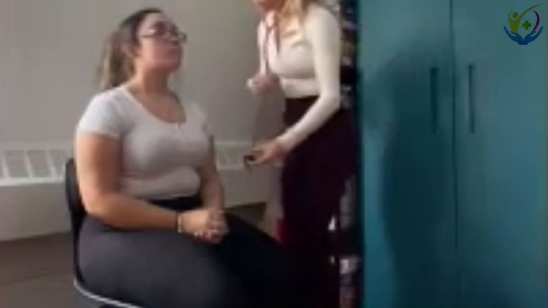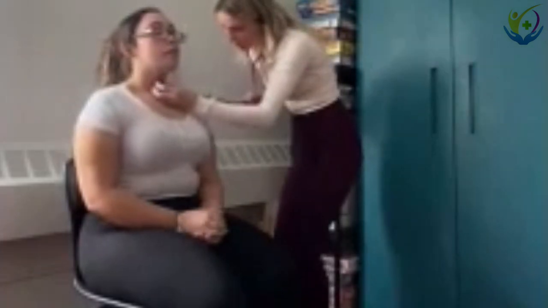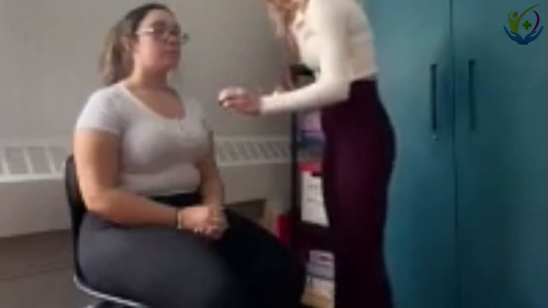Now I'm going to be auscultating your lung sounds. So I'm going to be starting off with your trachea, and I'm going to ask you to take a deep breath for a second so I could listen for a stridor. Okay, and now I'm going to be listening to your bronchovesicular and your vesicular lung sounds.